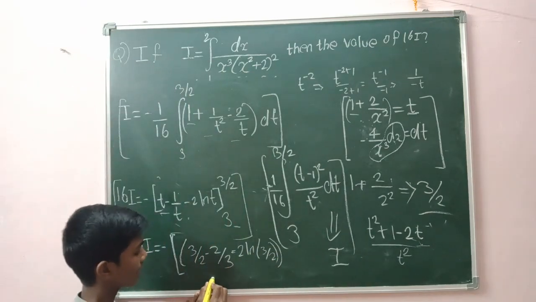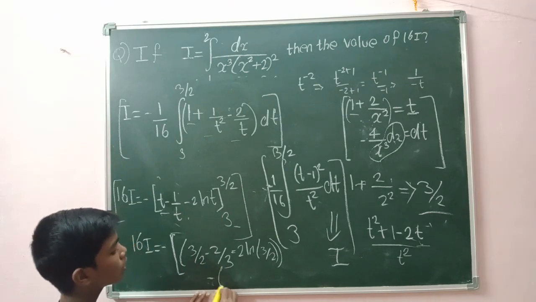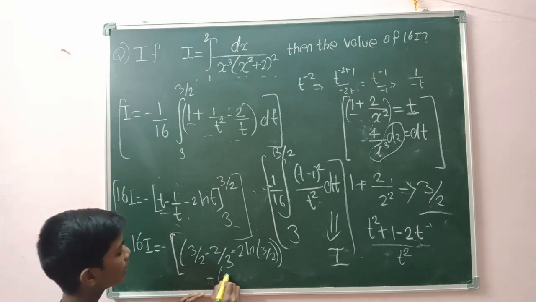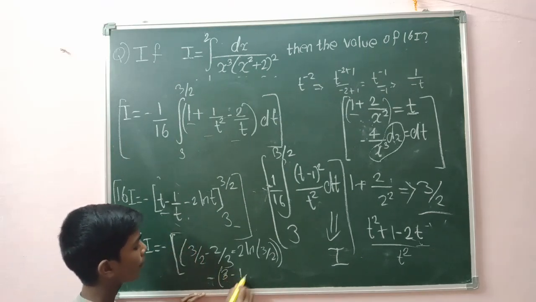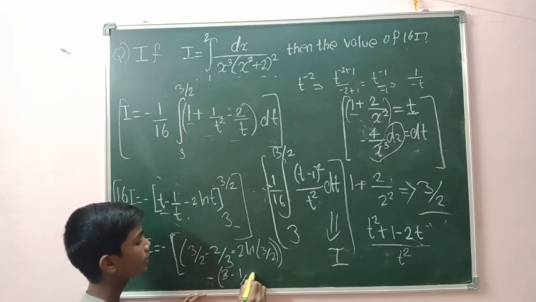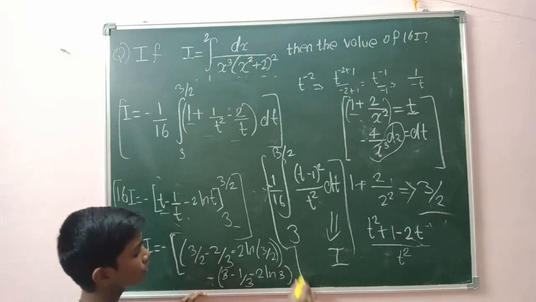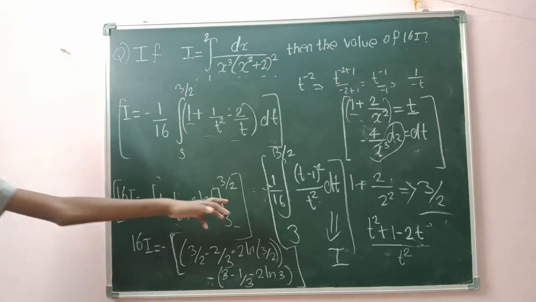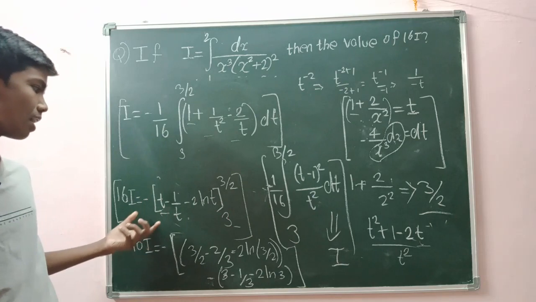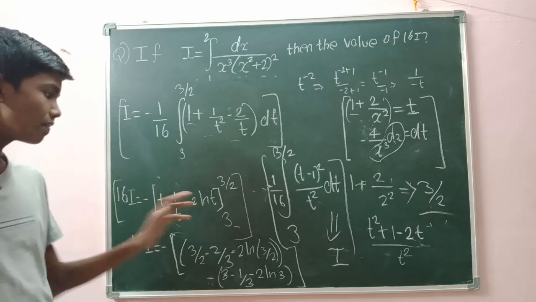Then minus of, when you substitute the lower limit, you will get 3 minus 1 by 3 minus 2 times ln of 3. Correct? So just substitute, guys. First put in the value of 3 by 2 in this integral, then put the value of 3, and subtract them.